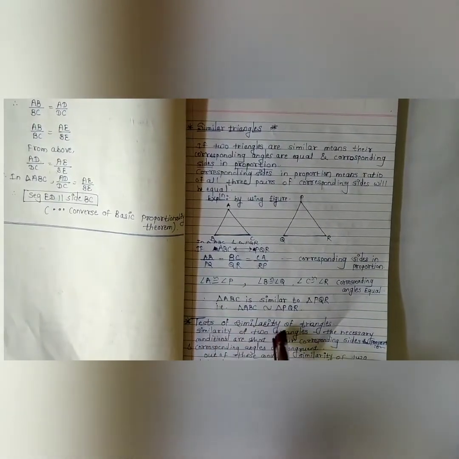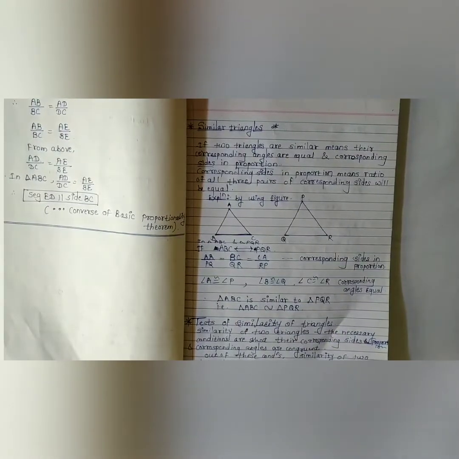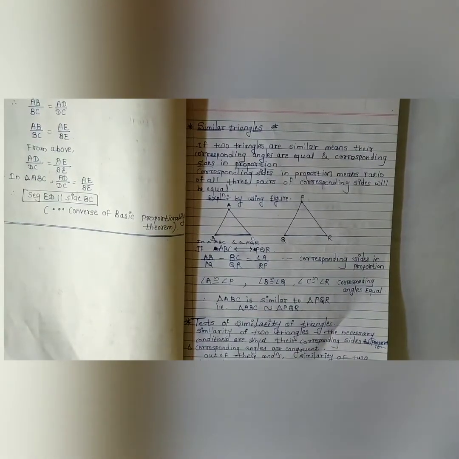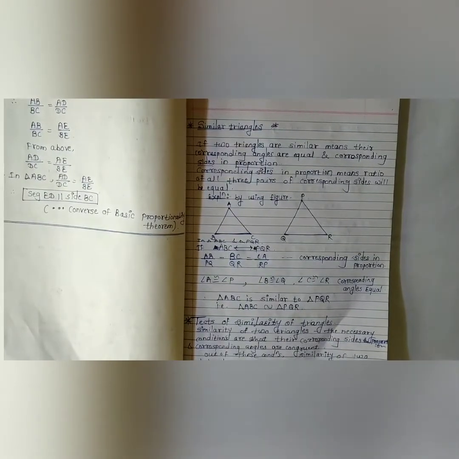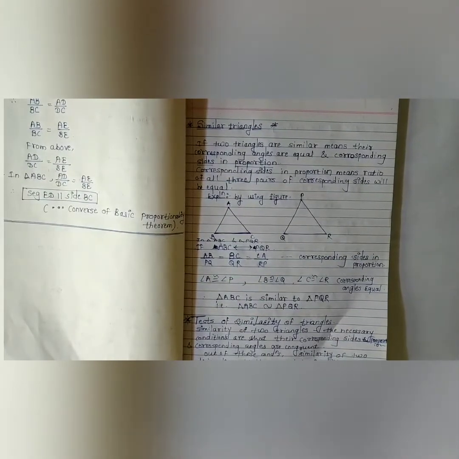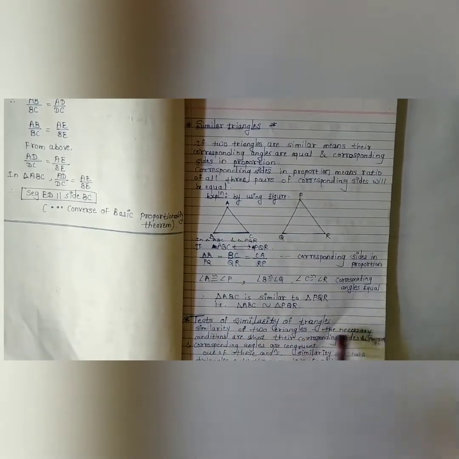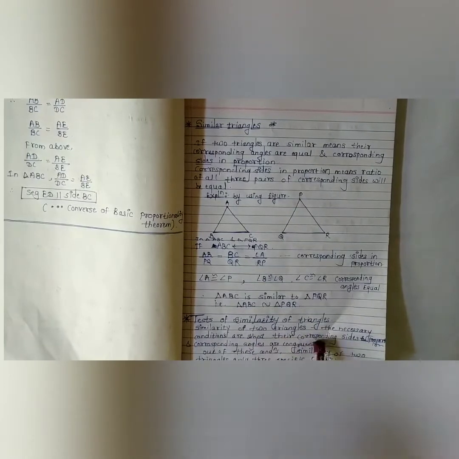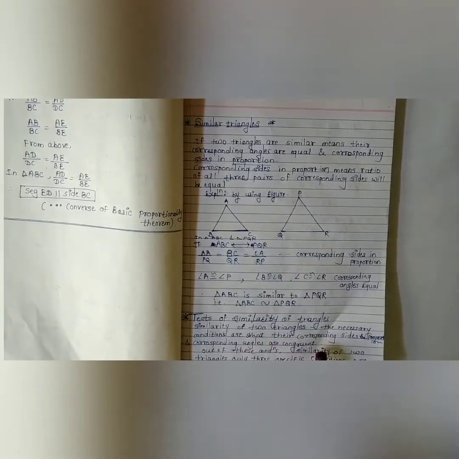Tests of similarity of triangles. In 8th standard, we studied the tests for congruence of triangles: SAS test, AAS test, hypotenuse test, angle side test, side test. Some tests are given in 10th standard. First, for similarity of two triangles, the necessary condition is that their corresponding sides are in proportion and corresponding angles are congruent.